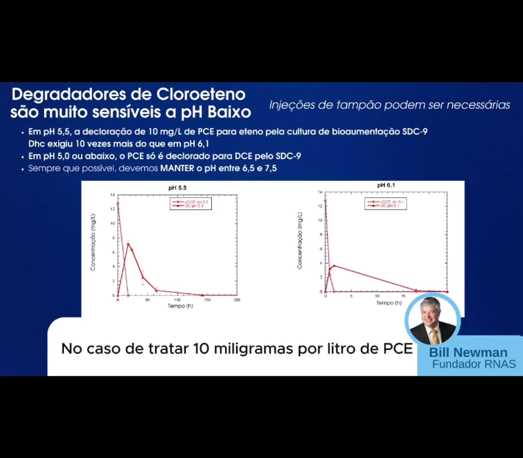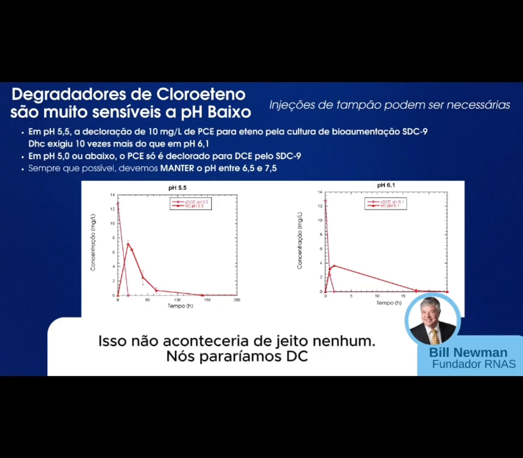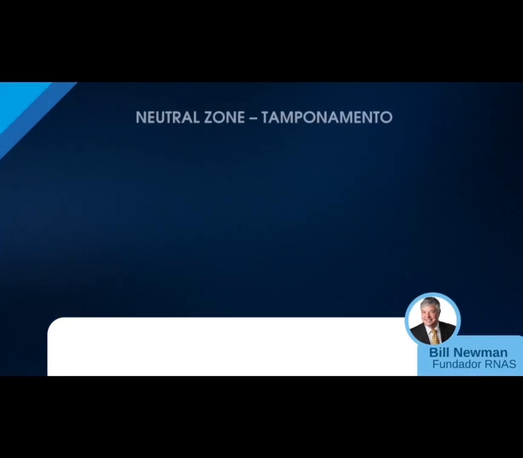So in the case of treating 10 milligrams per liter of PCE at a pH of 6.1, you can see we get all the way to ethene in a little over 20 hours. If we lower that pH to 5.5, it takes 10 times as long. And if we were to lower it to pH 5, it wouldn't happen at all. We would stall at DCE.